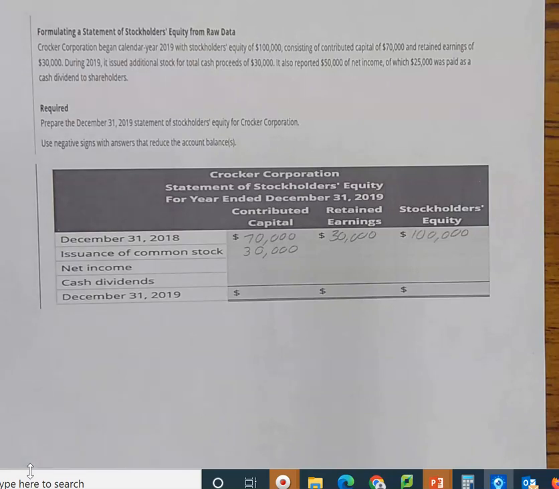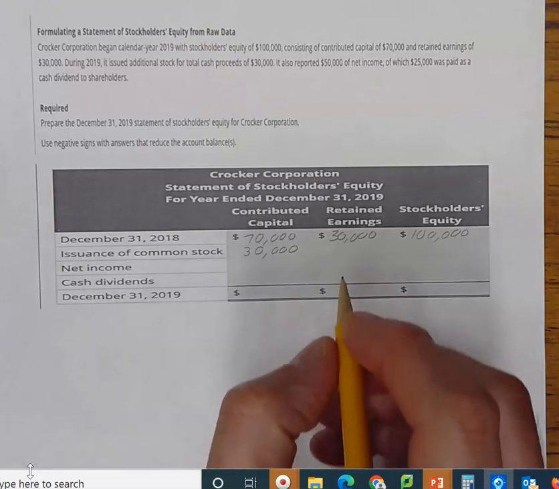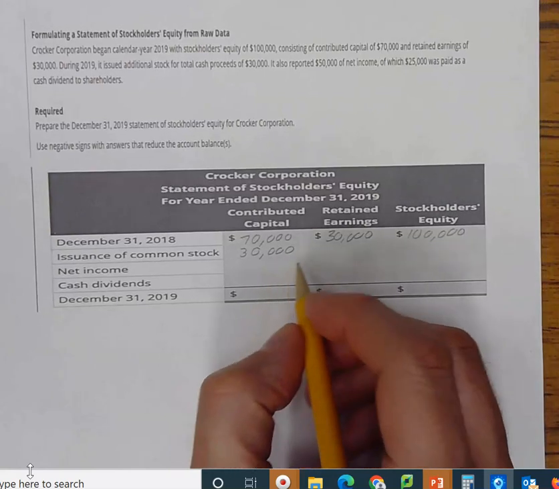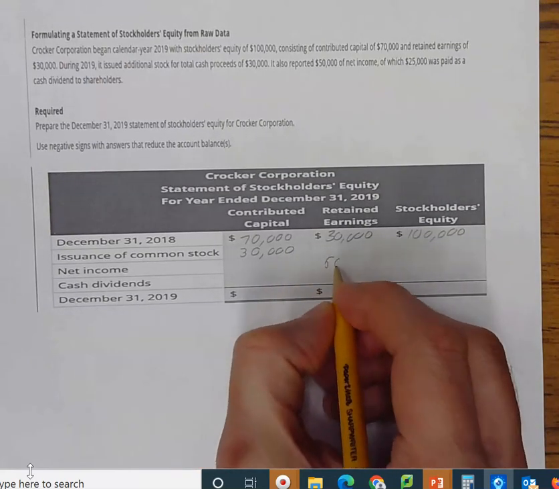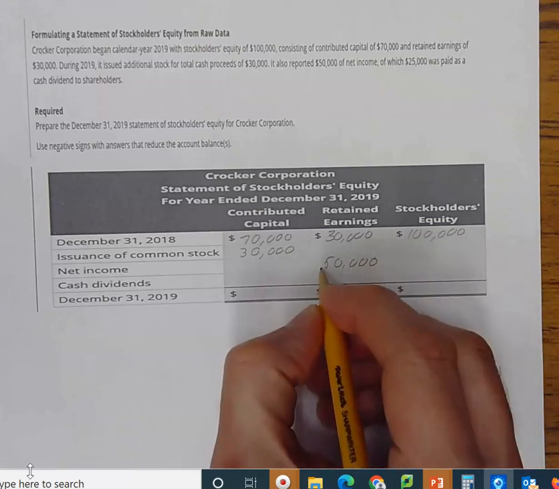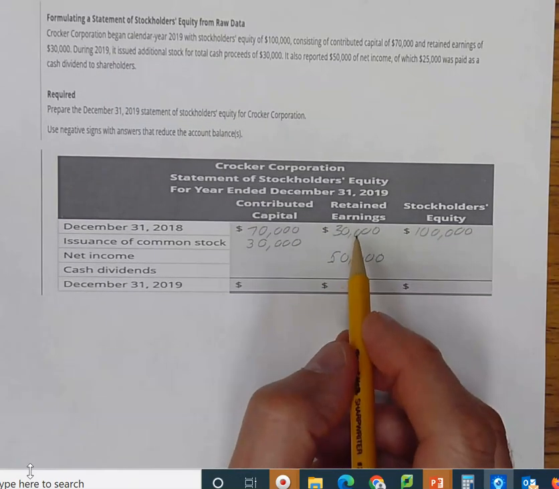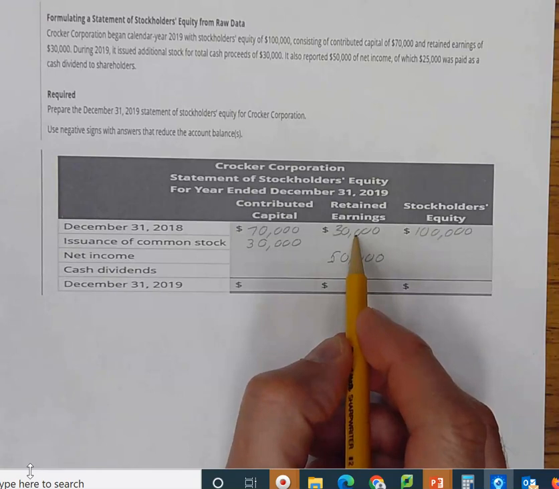We are also going to have $50,000 of net income. Now notice that I am placing this $50,000 over here because we had earnings that had been retained of $30,000.